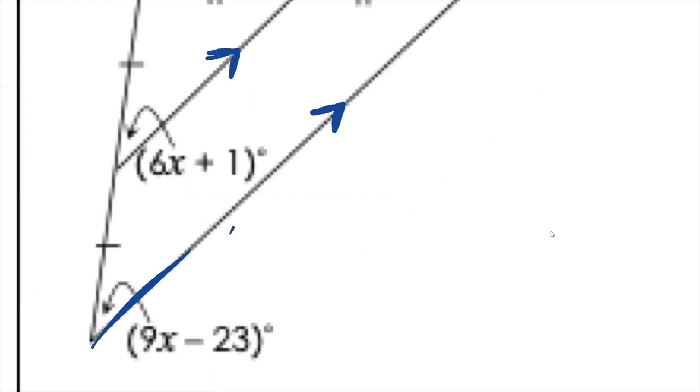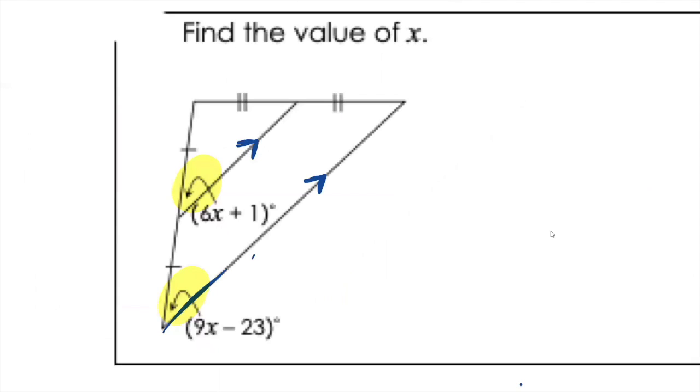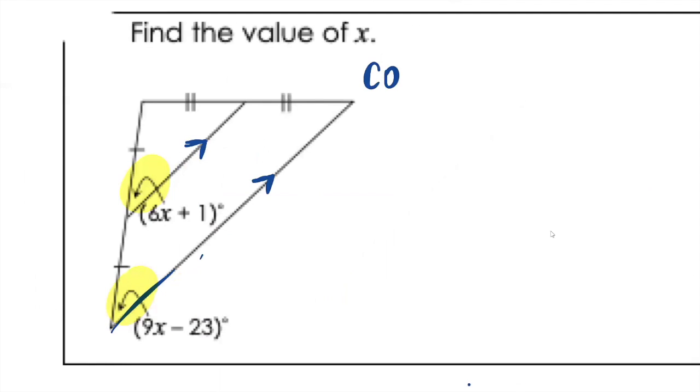If they are parallel, what is the angle relationship they are using? Corresponding. Those are corresponding angles. Corresponding angles are always congruent.